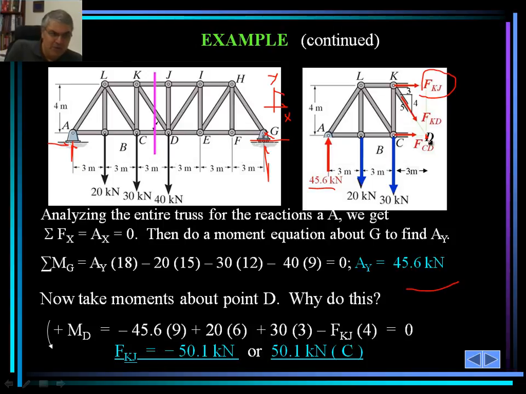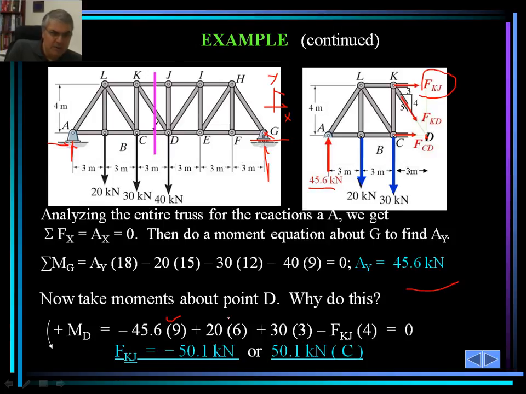And there are 3 other forces that are known. They are also source of moments about point D. One is the reaction, 45.6. The moment arm would be 9. So we simply multiply 45.6 times 9. Again, this is causing the clockwise moment, but according to our sign convention, we assume counterclockwise to be positive.